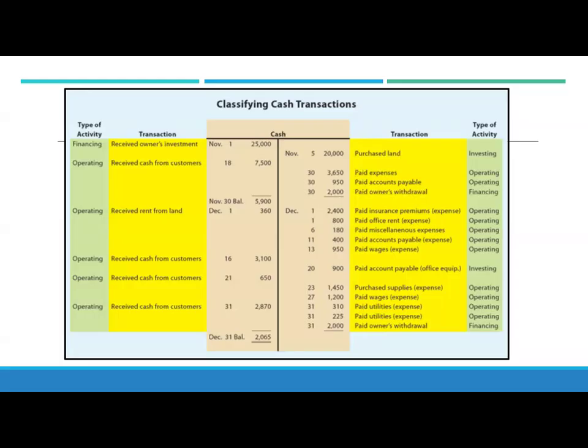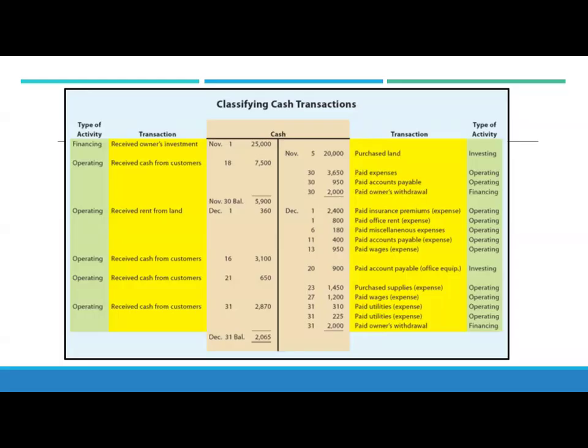And then for cash outflows, we have purchasing land, that's an investing cash activity. Paying expenses and paying accounts payable are operating activities, because even though that's paying back a liability, it was a liability that generated an expense.